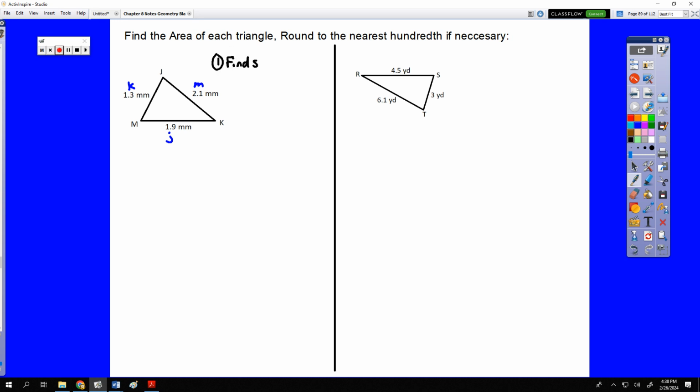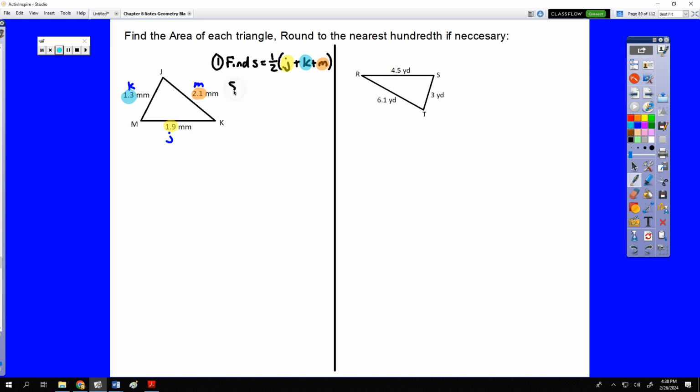Remember that to find the semi-perimeter, we're going to do 1/2 the sum of those 3 sides, j, k, and m. So we take the j, which is 1.9, the k, which is 1.3, the m, which is 2.1. We add them up, and we divide by 2.